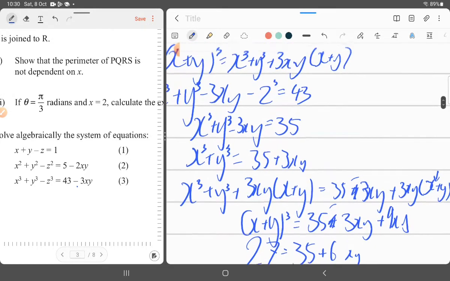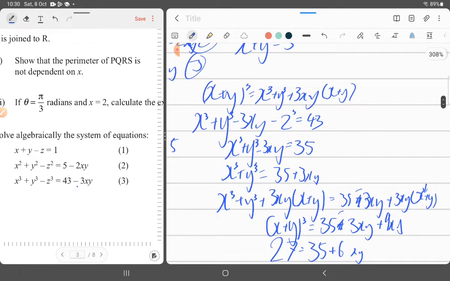X plus y is equal to 3, right? Then x plus y is equal to 3.